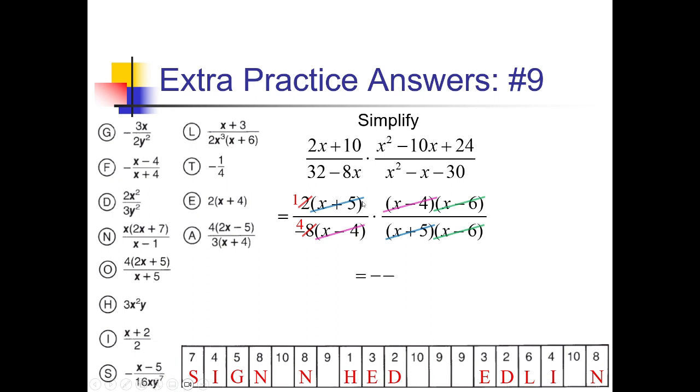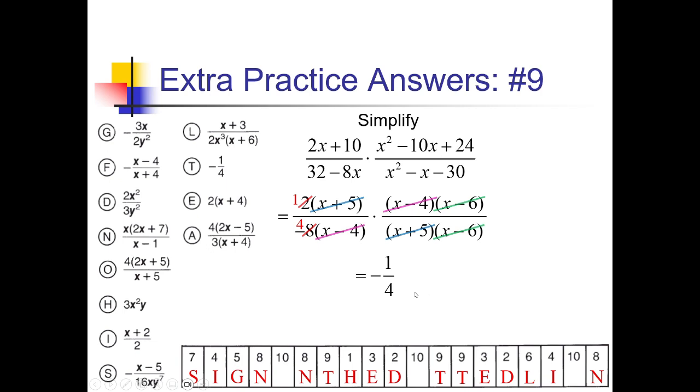In the numerator, I have everything crossed off except for this invisible, not so invisible 1. And then in the denominator, all that's left over is this 4. So negative 1/4 when all is said and done. Pretty easy to spot that in my answers. That's right here. That's t. So 9 gets a t, and you get a t, and you get a t.